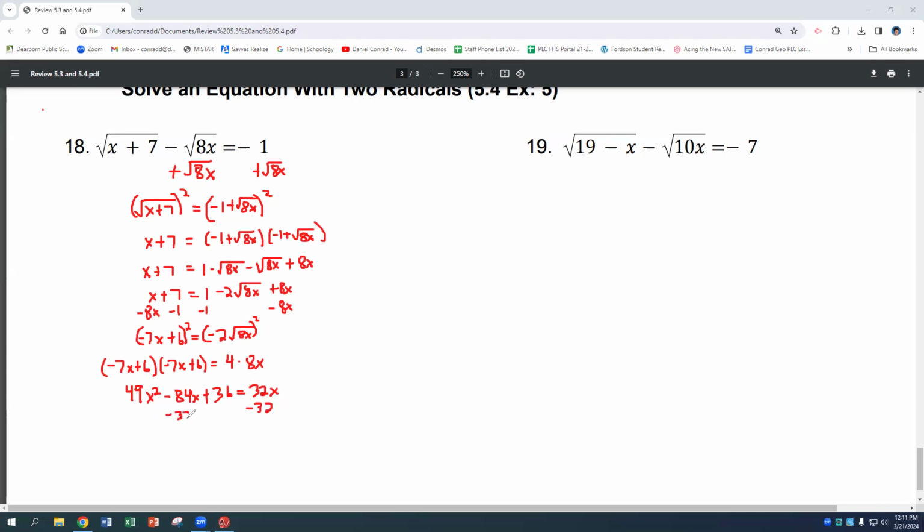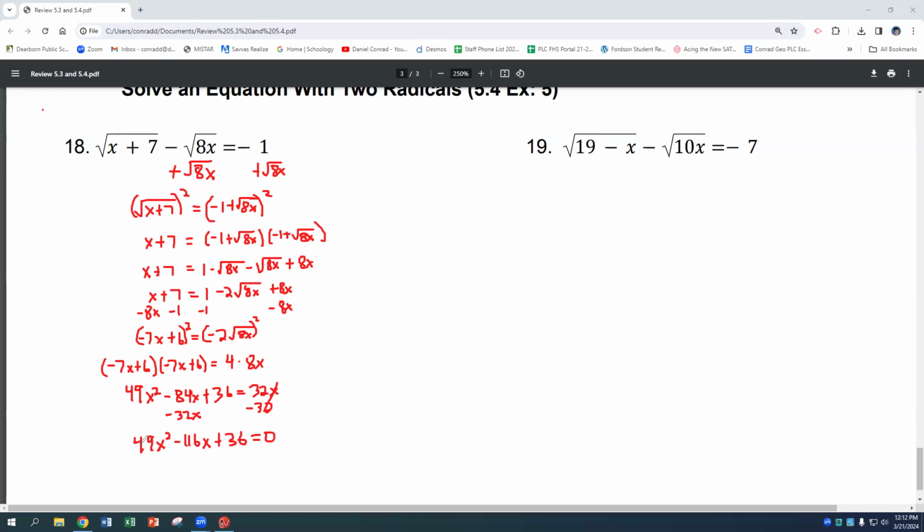So I'm going to subtract 32x from both sides. So I get 49x squared minus, this is going to be 86, 96, 106, 116x plus 36 equals 0.